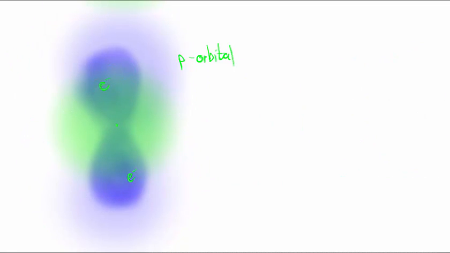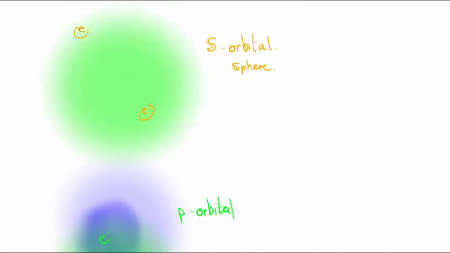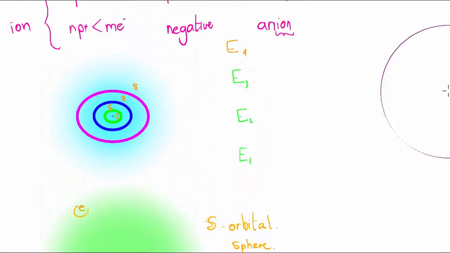Now, you'll notice that the moment I go into an energy level, the first orbital that I will have will be an s orbital. The next orbital I will have will be a p orbital.